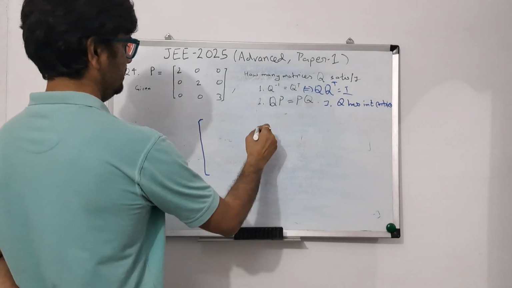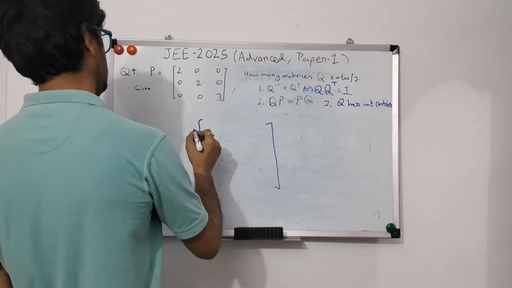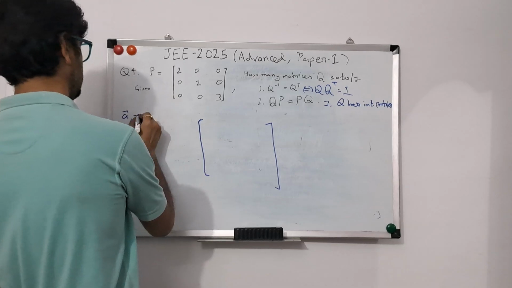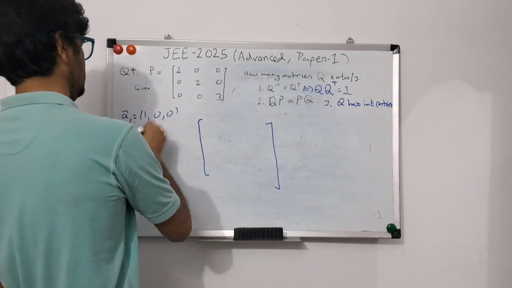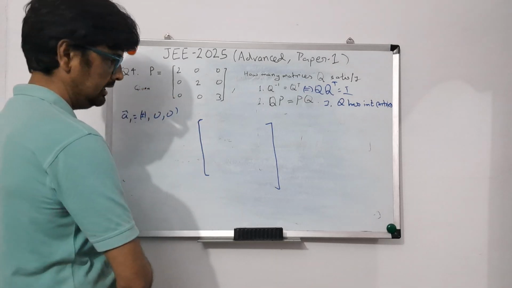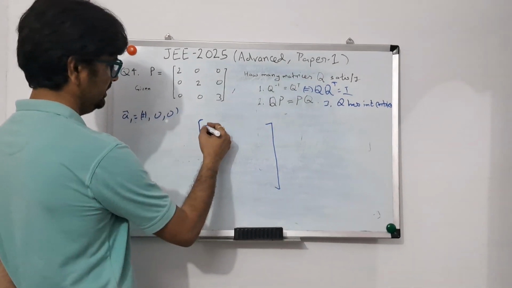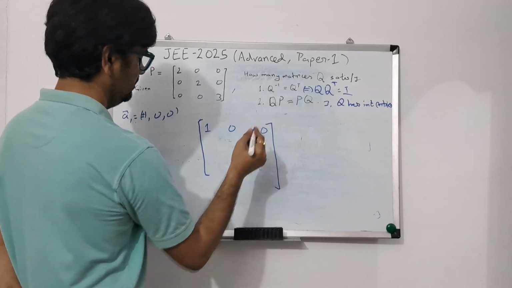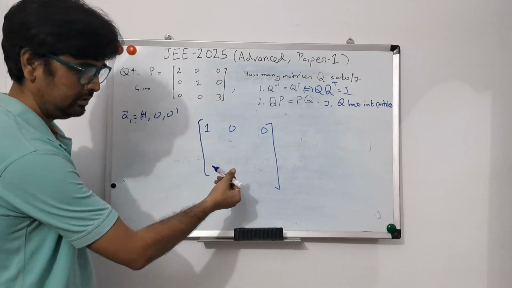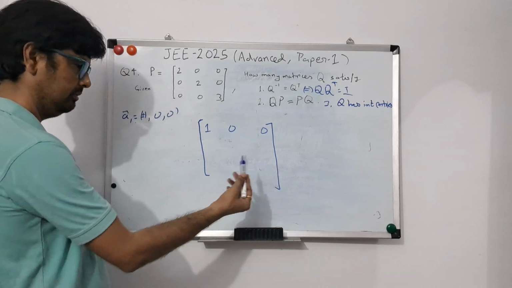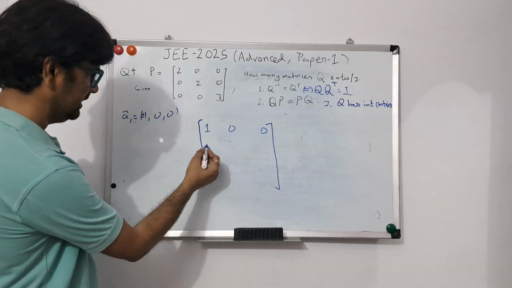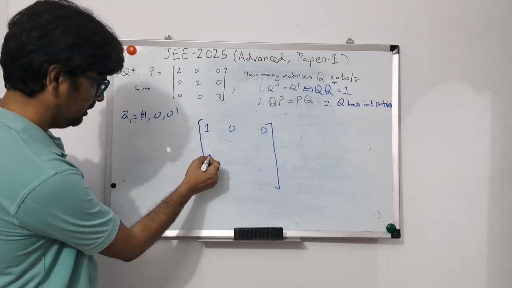Now let's suppose A1 equals 1 0 0, or minus 1, plus or minus 1, anything. For the time being, let's suppose it's 1 0 0. Now A2 also has plus or minus 1 in one of its entries, but it cannot be in this column.